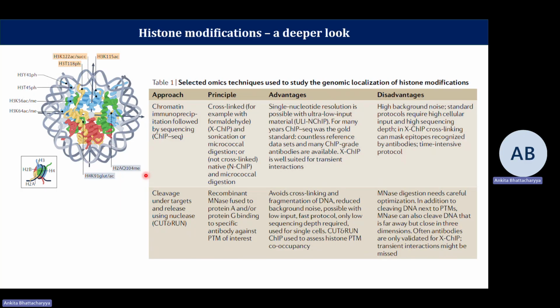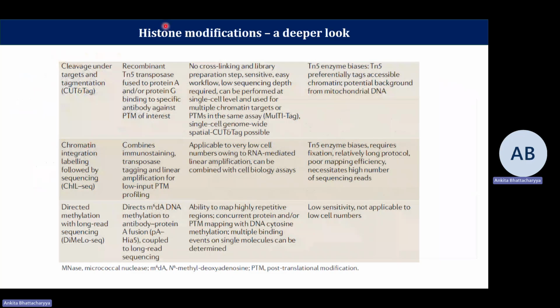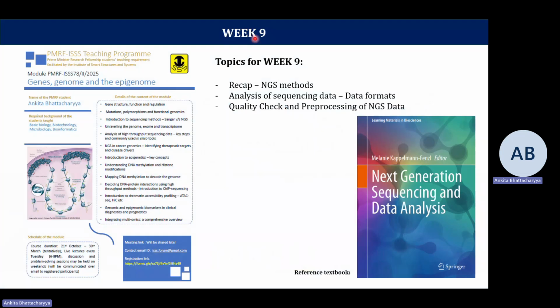So this is an overview of what the histone octamer interacting with DNA looks like. There are different omic techniques that can be used to study the genomic localization of histone modifications: ChIP-seq, CUT&RUN, CUT&Tag, ChIL-seq, DiMeLo-seq, etc. are all the different methods.